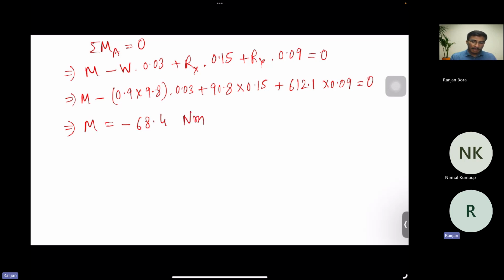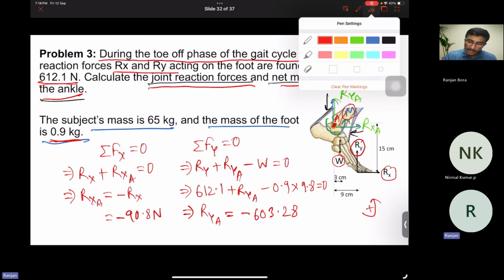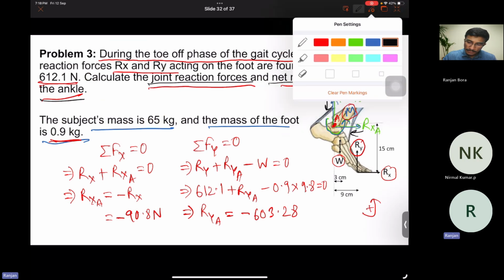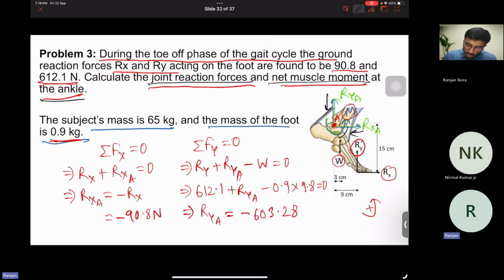Again we are getting minus, which means the moment will not act in the counterclockwise direction; it will act in the clockwise direction.